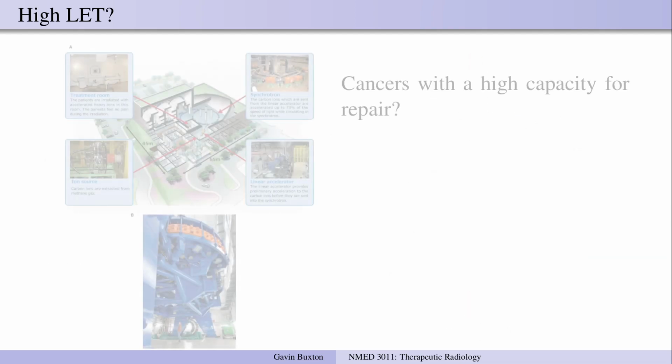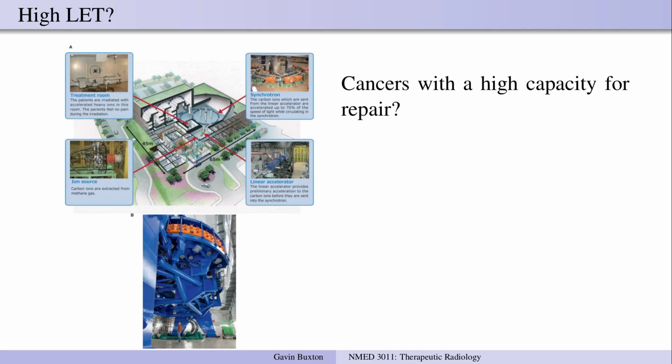So there are a number of reasons why trying high LET radiation might be promising for radiotherapy. Treating cancers with a high capacity for repair, for example, is one area that people are looking at. Treating highly hypoxic cancers.